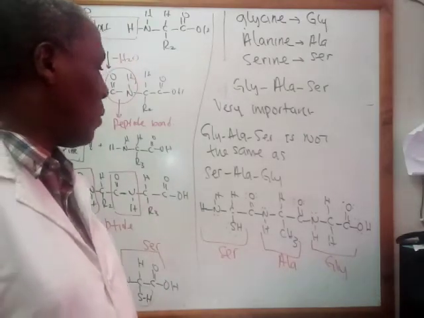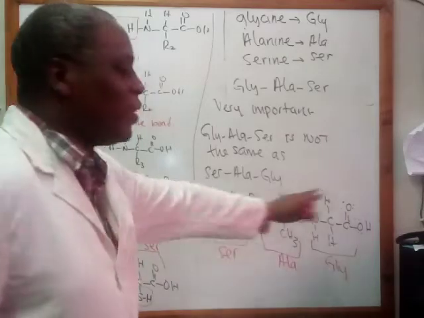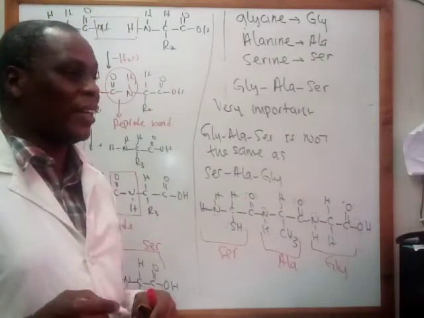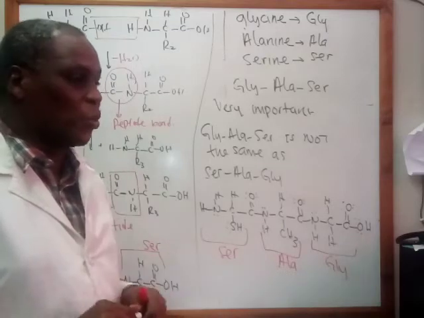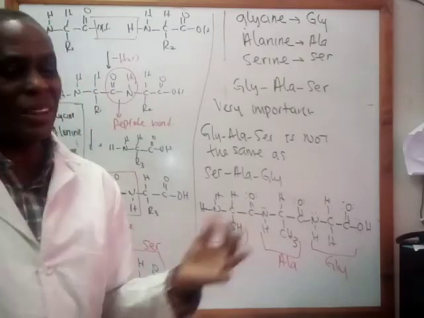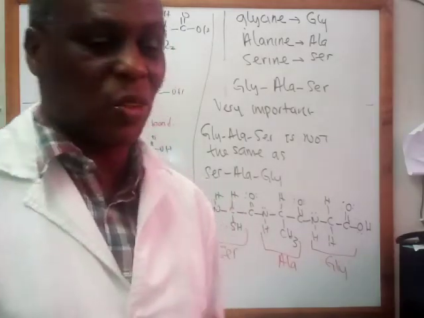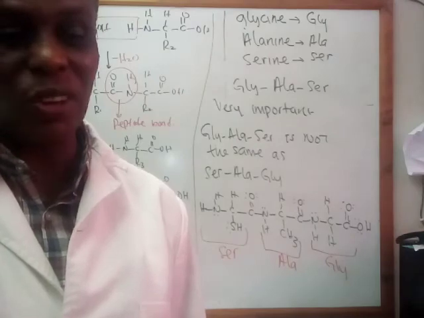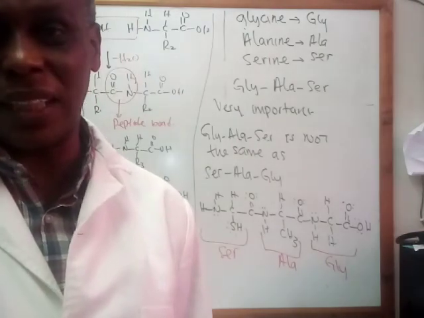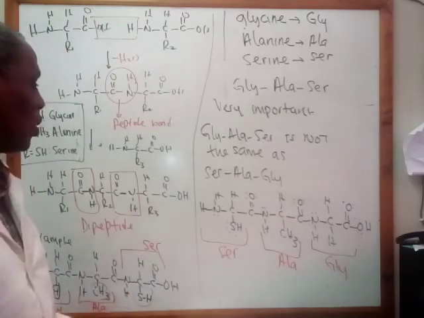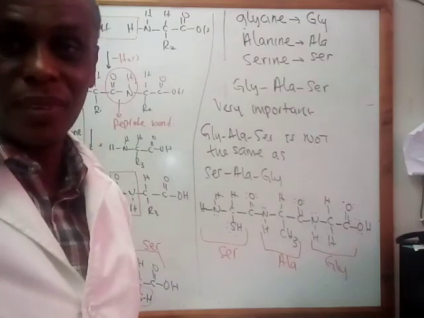But we want to show the bond line structure for the amino acids, and then we'll go to some of the properties of the amino acids. But once again, all these things are in your notes. This video series is not meant to substitute the notes, but just to clarify some of the things that needed to be clarified regarding the notes. So I'll just stop there, and then I think we'll move to the next part.